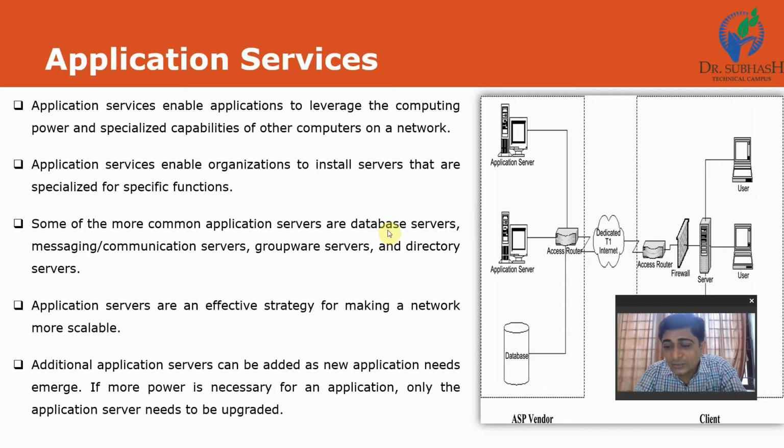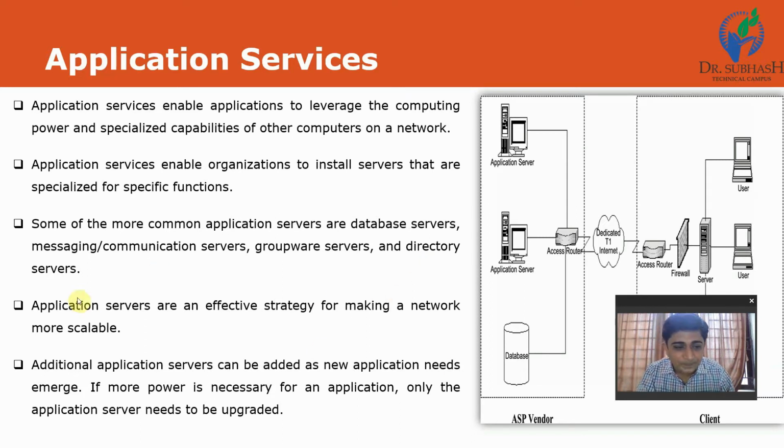To create a database, to distribute your data. Okay, messaging and communication server, that means we can pass our message from one client to another client. Messaging service. Groupware servers: see, if you want to make one group for task A, group 2 for task B, then groupware servers. Directory servers: role of a user, authentication of a user, this may work within the directory servers.